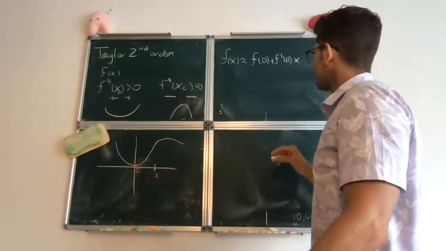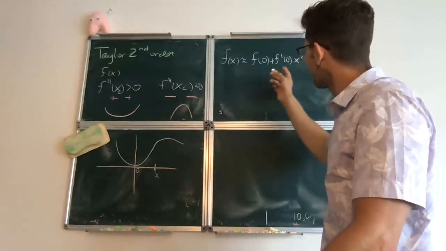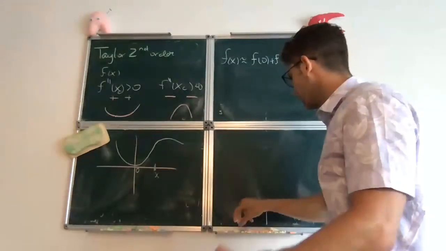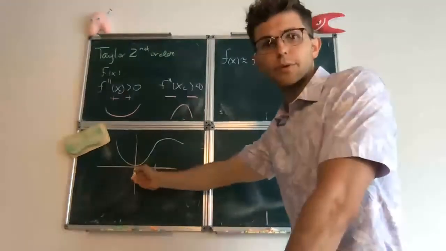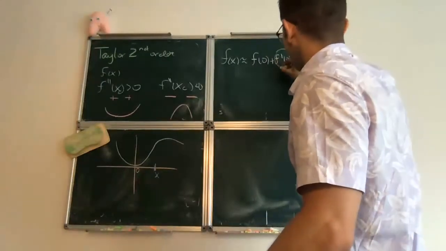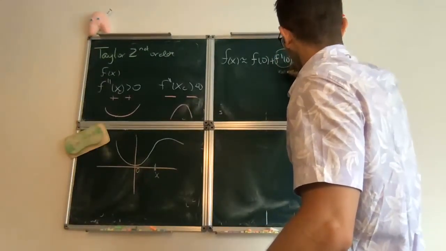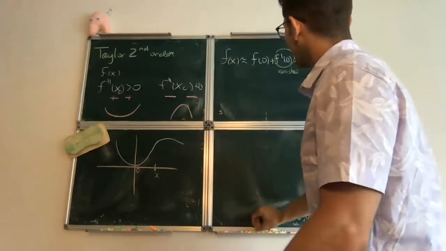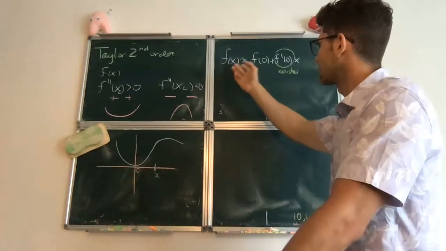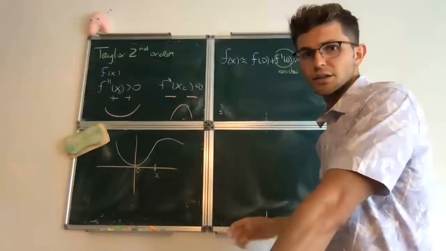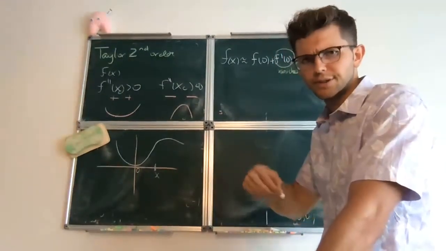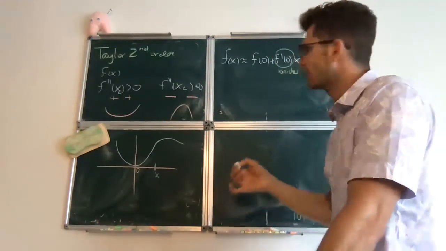Now, if you just keep the first order approximation in Taylor's expansion, this is not very useful because this being a critical point means that the first term in the approximation vanishes. And so that means that you would be approximating the function with a constant function. That's not a very good approximation, so that's why you need to go to the second order term in Taylor's expansion.